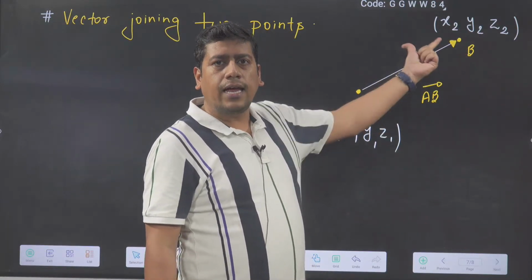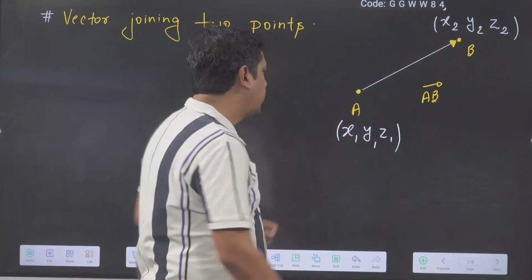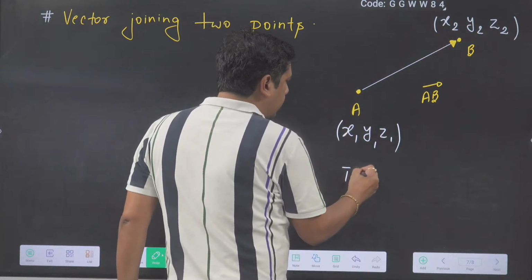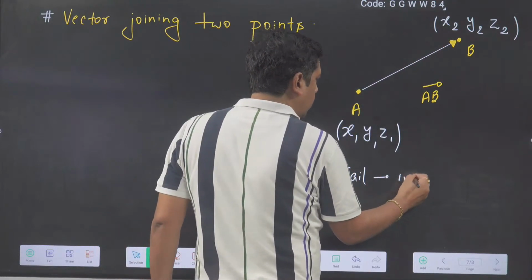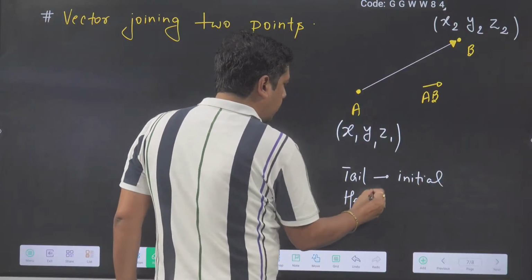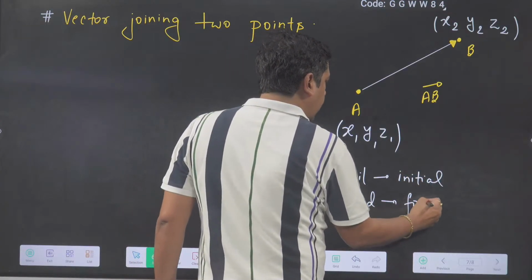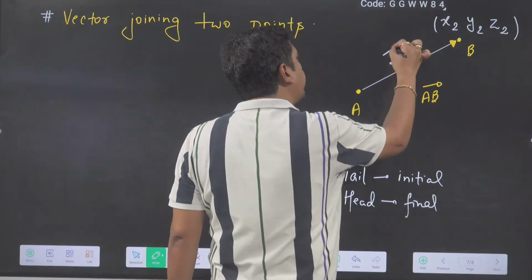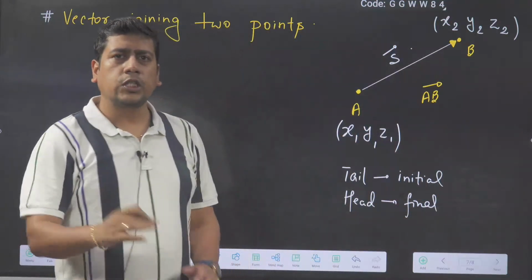Tail is the initial point and head is the final point, and you can say this is a kind of displacement vector, or vector joining 2 points.